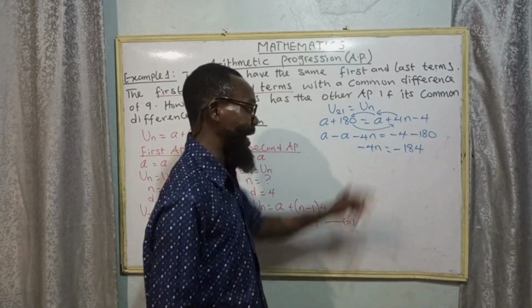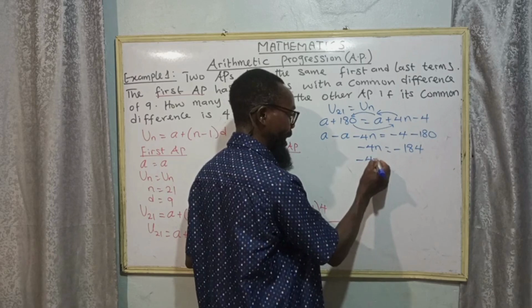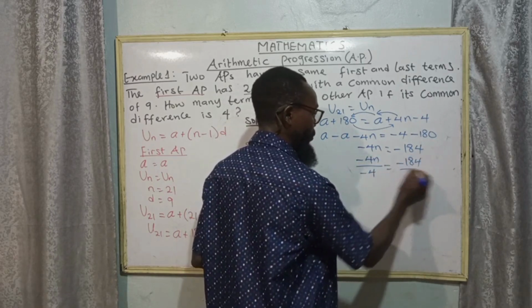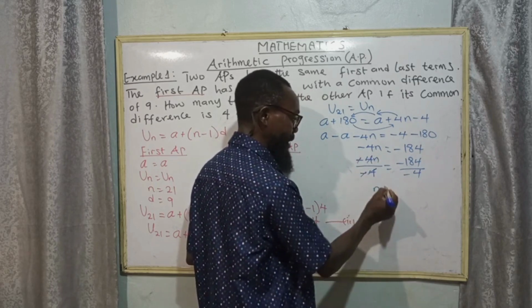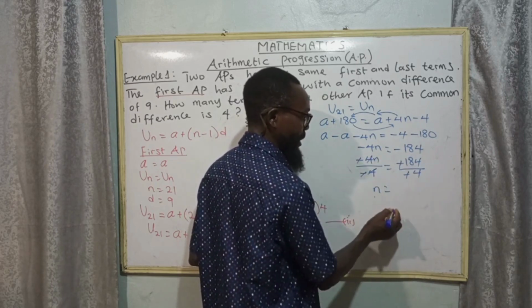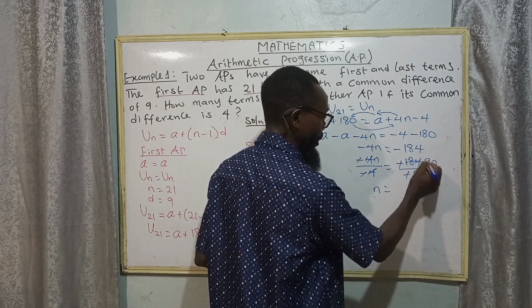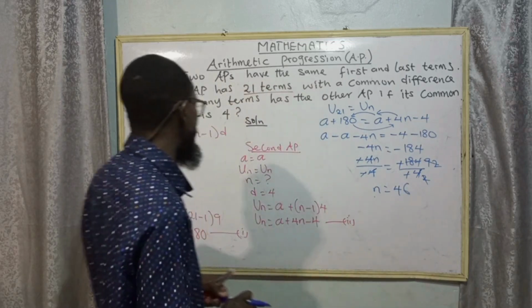Now, I need my n. I have to divide both sides by minus 4. Minus 4n over minus 4 is equal to minus 184 over minus 4. Minus goes into minus, 4 goes into 4. N is equal to 184 over 4: 4 goes into 18 four times, 4 goes into 24 six times, we have 46. So the number of terms here is 46.